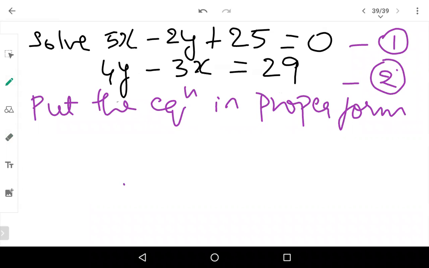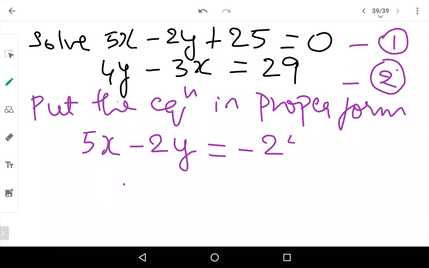So the first equation, I'm going to take it like this: 5x minus 2y. This is our normal form of equation. Now the plus 25, I will take to the other side. If I take plus 25 to the other side, it becomes minus 25.